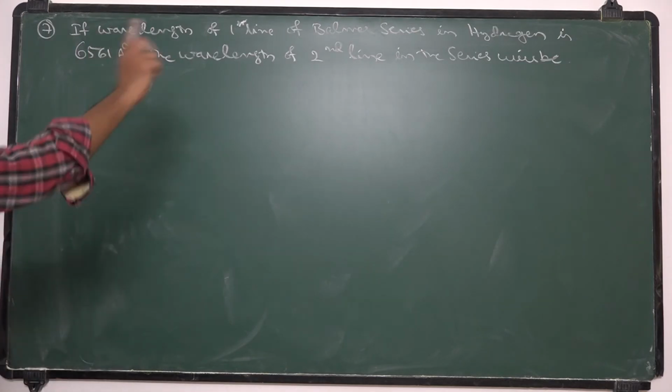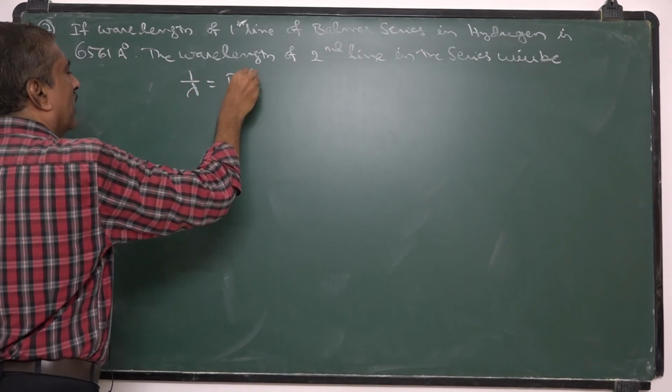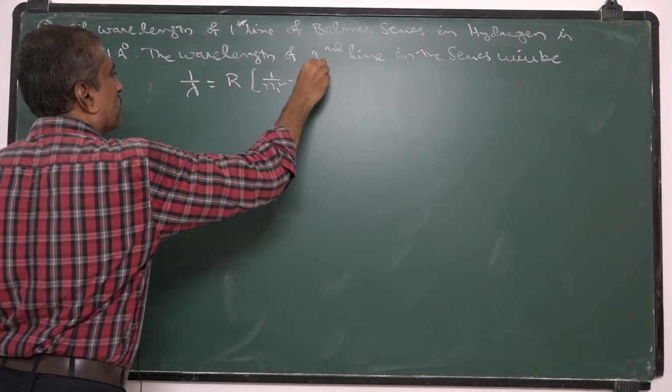Now for Balmer series, actually we have this equation, 1 by lambda is R into 1 by n1 square minus 1 by n2 square.